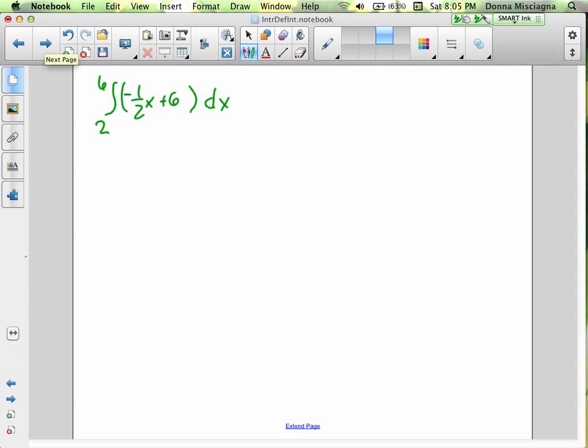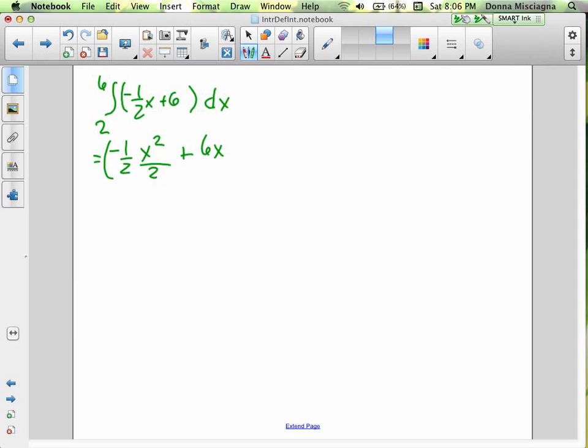So this is going to be equal to negative 1/2 x, and that would be 1 plus 1, so that would be x squared, divided by the same thing, divided by 2, plus, I'm going to put parentheses here because it's two terms, plus 6, and then we increase, so now it has 6 times x to the 0 power, so 0 plus 1 would make that x to the first power, and if you divide by 1, it's still the same thing, right?